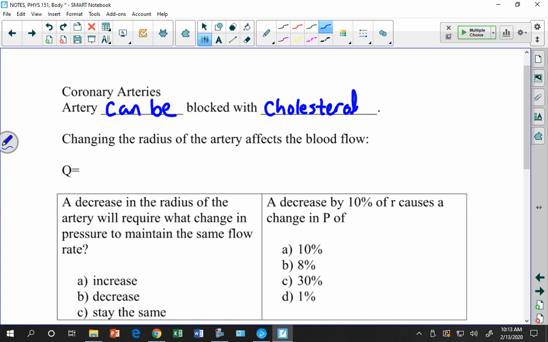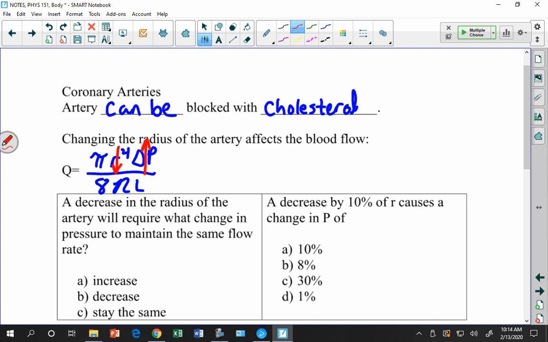But according to the Poiseuille equation, Q equals pi r to the 4th delta P over 8 eta L, that we talked about, if I change the radius, if I decrease it, then the change in pressure between the aorta and the vena cava is going to go up.